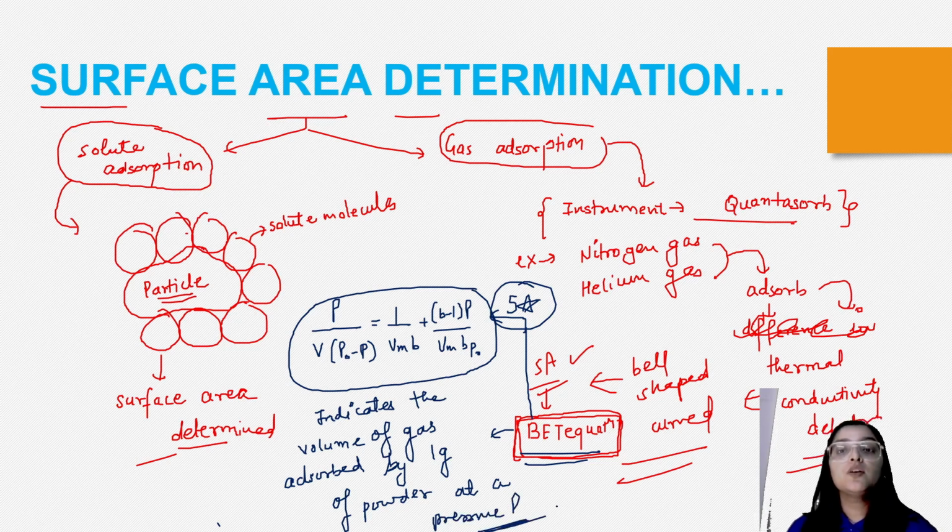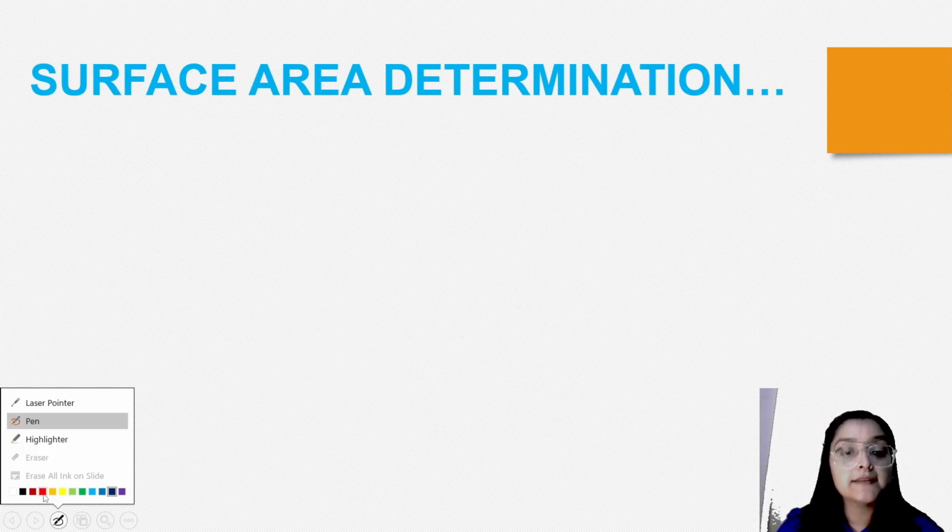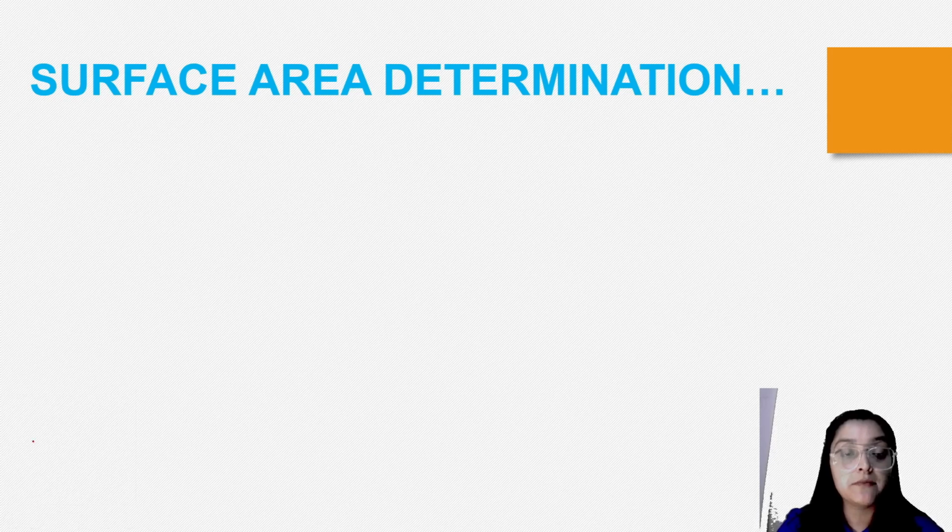Okay, so this is your surface area determination method. There is one more surface area determination method. I hope by now you know the importance of the BET equation, the adsorption of solute molecules, the adsorption of gas molecules. Next comes another method for the determination of surface area, that is the air permeability method.